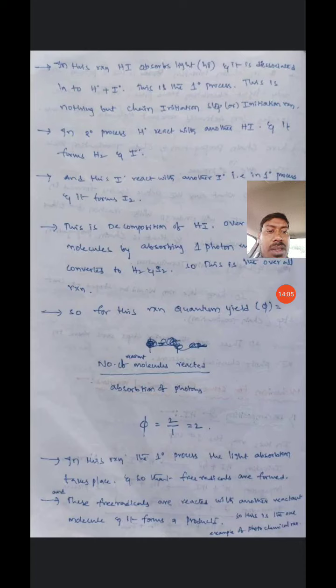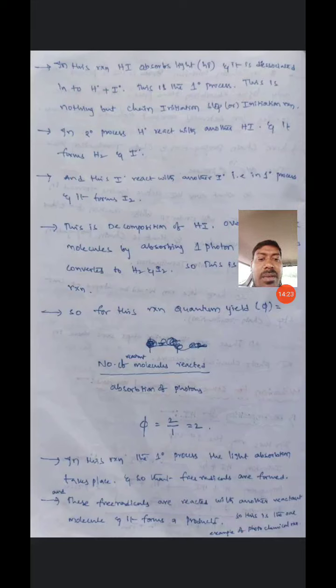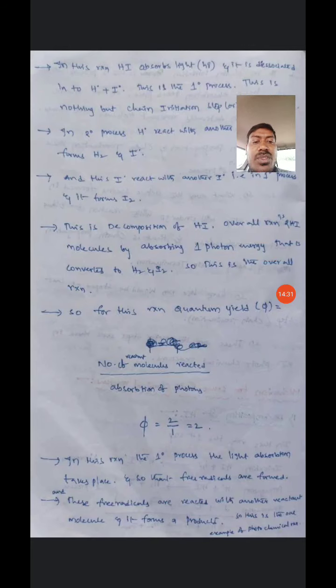In the secondary process, the hydrogen radical reacts with another hydrogen iodide and forms H2 and an iodine radical, and this iodine radical reacts with another iodine radical and forms I2.